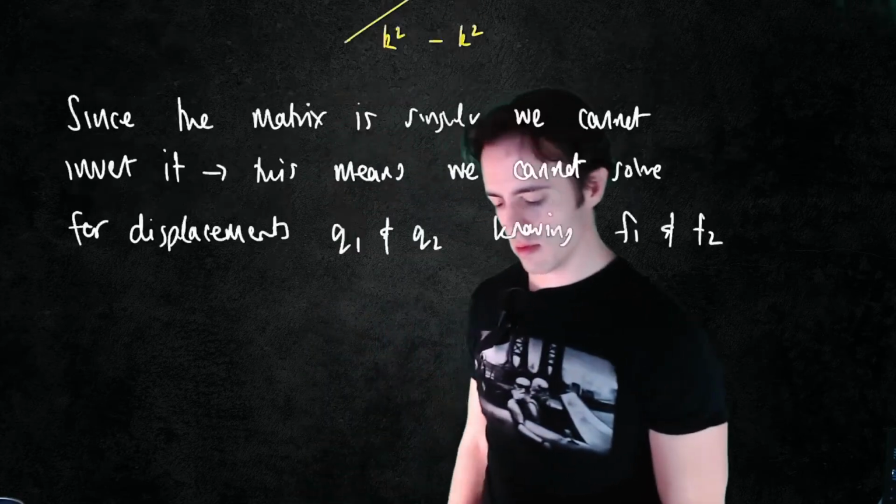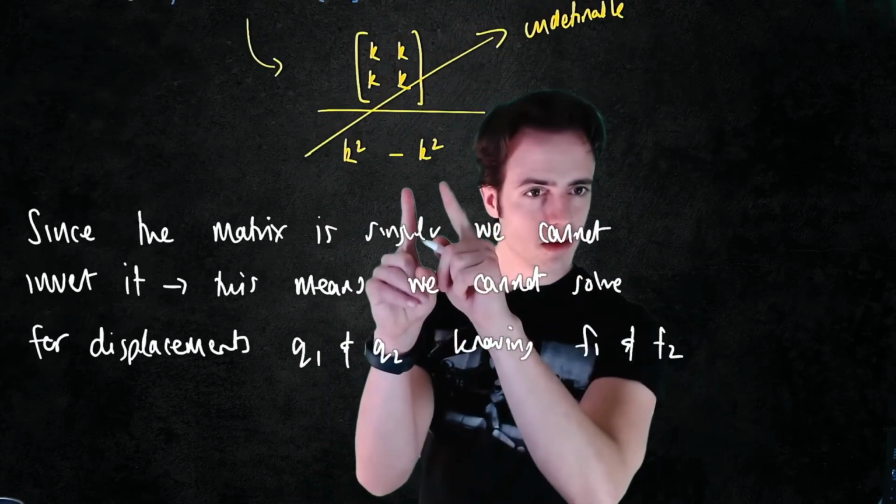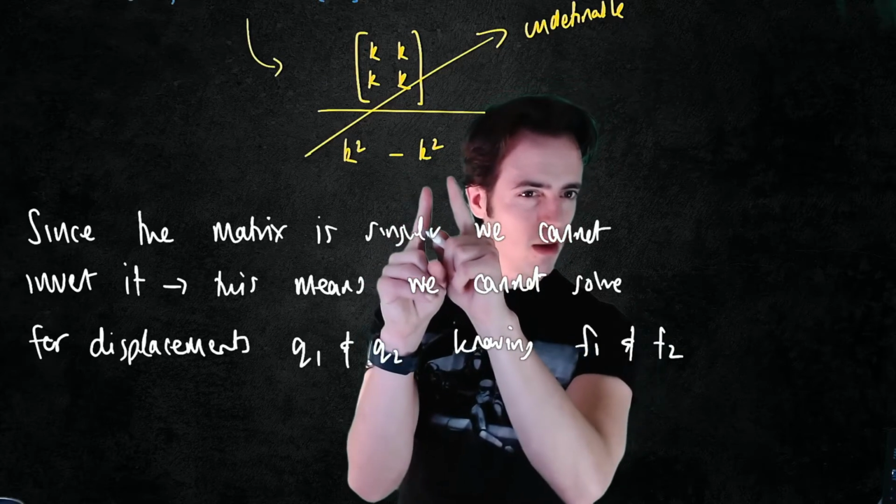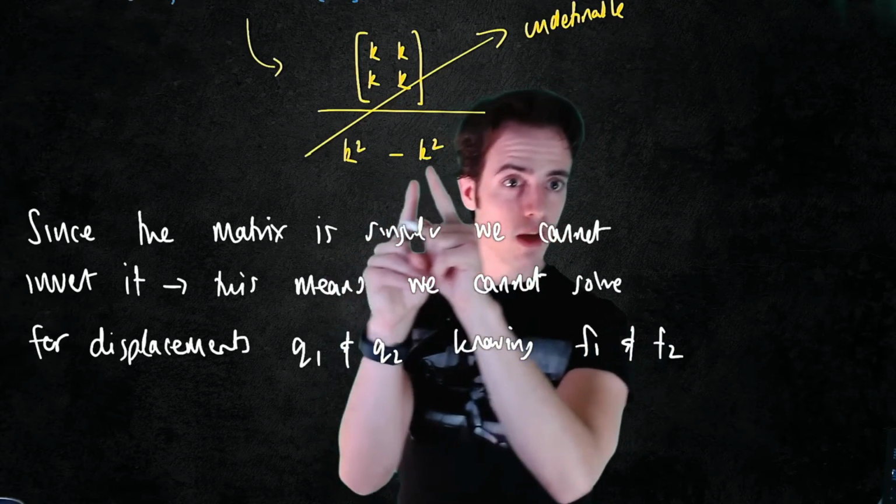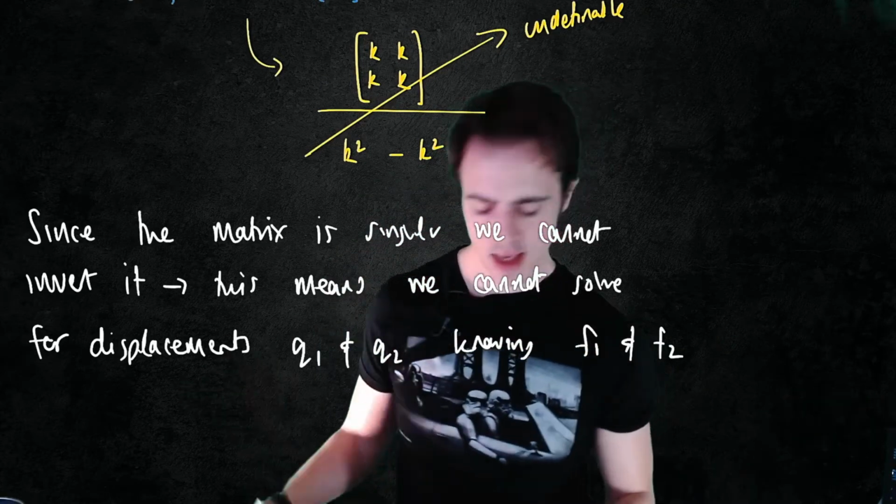Now, even though we can't define this, we can think about what dividing by 0 gives us. It's a really big number, basically.